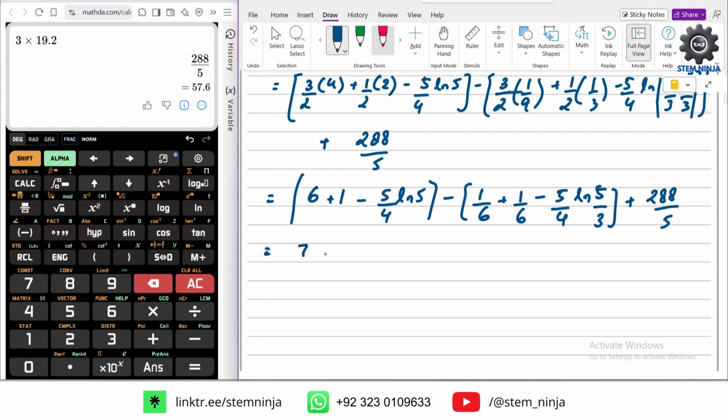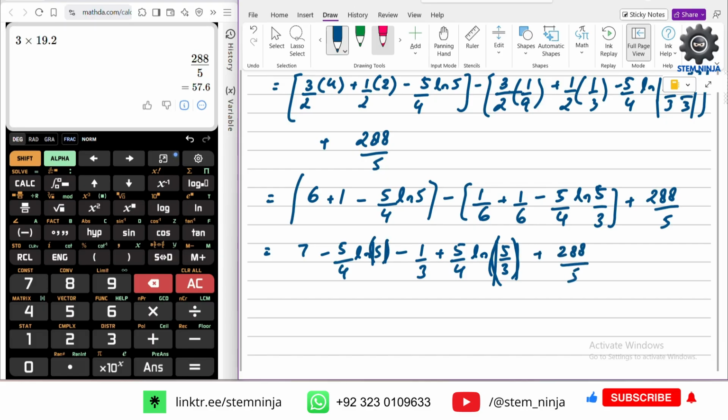7 minus 5 over 4 ln 5. 1 over 6 plus 1 over 6 is 1 over 3, so minus 1 over 3 plus 5 over 4 ln 5 over 3. Actually, this should be mod over here. No. It's fine. Okay. The value is fine. Brackets is fine. Plus 288 over 5. Right.